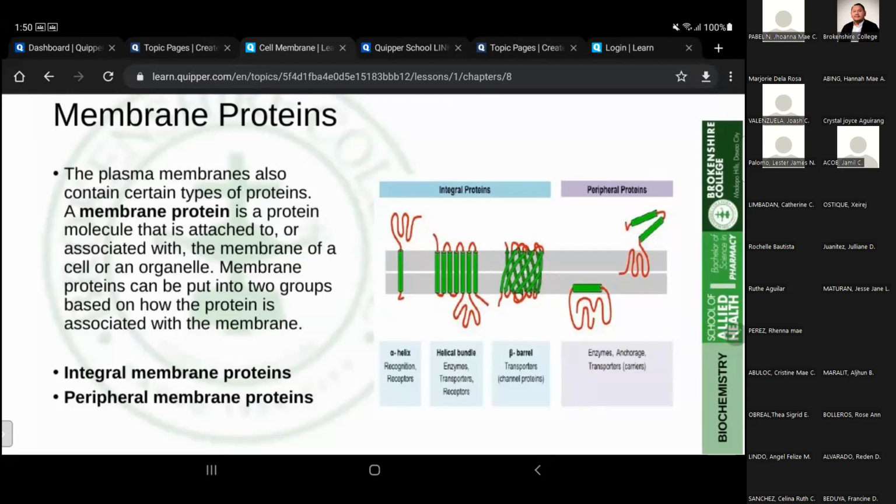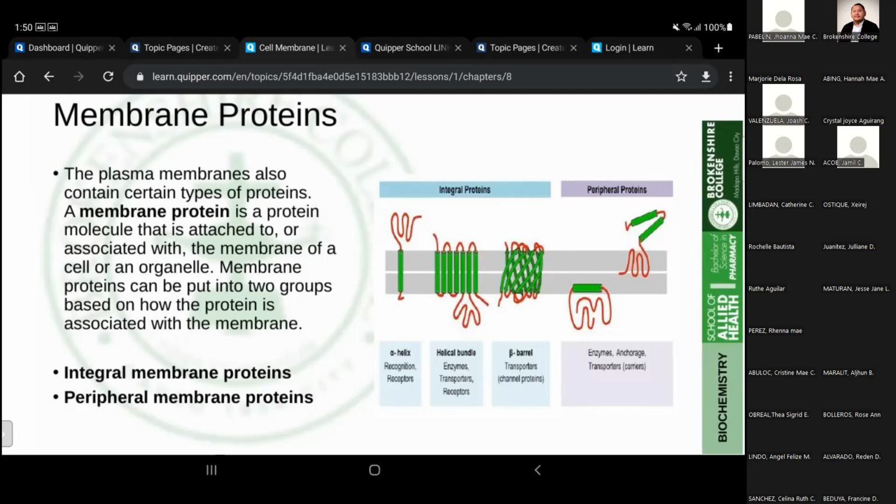They are located away from the center, or they are not located within the bilipid membrane. Okay? Do you get me, students, the difference between integral and peripheral proteins? Yes, sir. Okay.